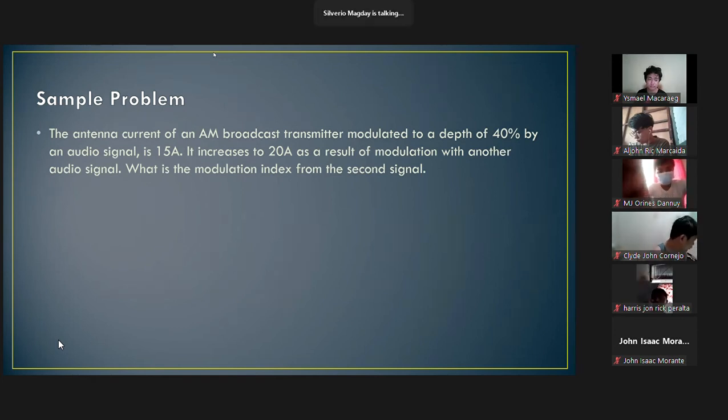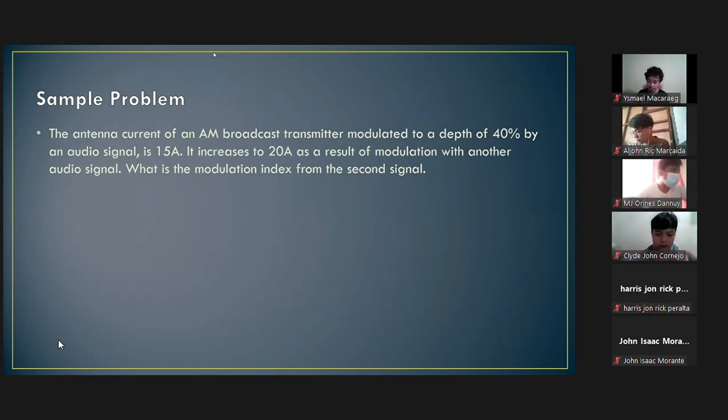Ano yung unang i-compute dyan? In terms of modulation, sir. Yeah, i-compute natin unang is yung IC. There is already modulation at 40% wherein the resulting is 15.